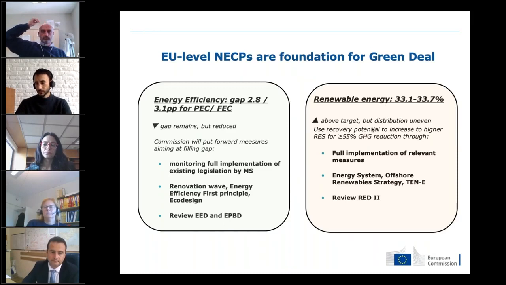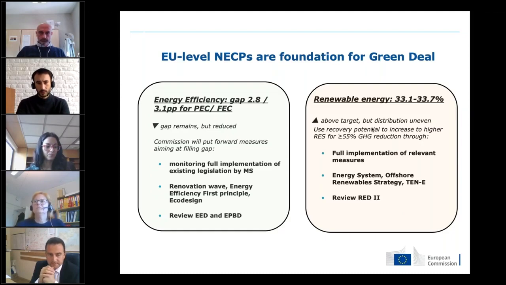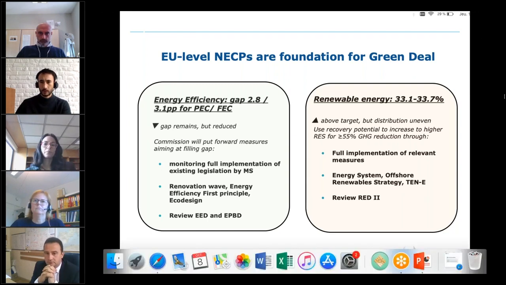I will pass quickly because time is flying, but very quickly on what we see in the final NECPs. For renewable energy, we achieve our target because we would reach between 33.1 and 33.7% of renewable energy in final gross energy consumption by 2030.